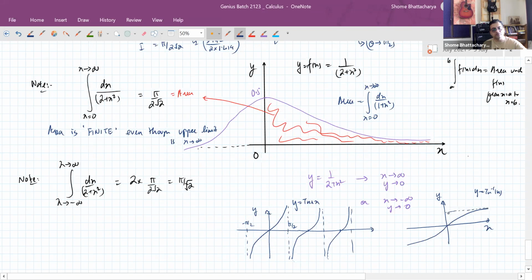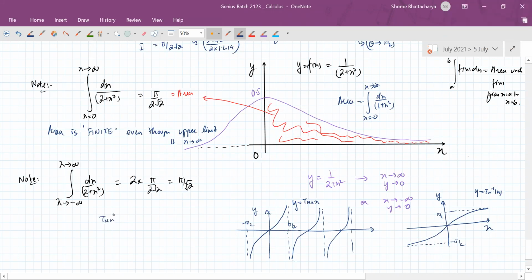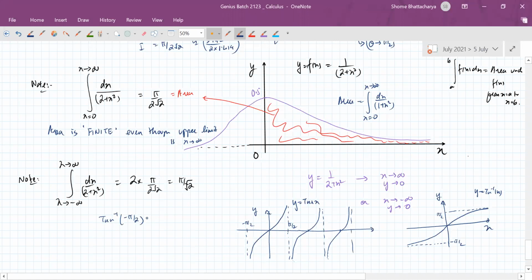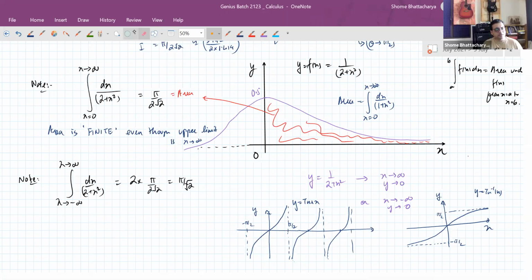As x tends to infinity, y tends to pi by 2, and as x tends to minus infinity, y tends to minus pi by 2. So sir, tan inverse of minus infinity is minus pi by 2.